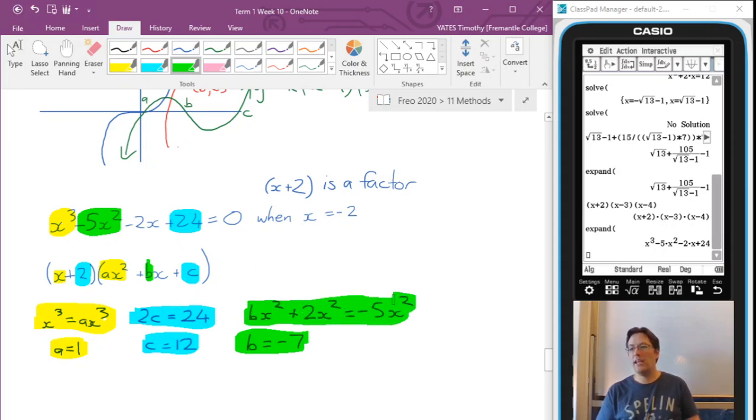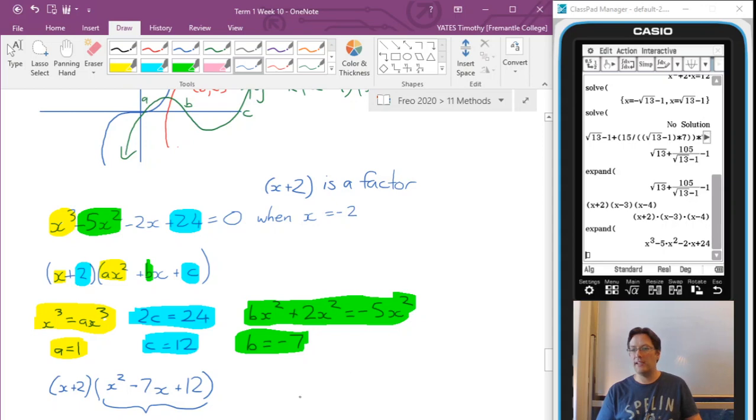So we've worked out what a, b, and c are, and that means our equation turns into (x + 2)(x² - 7x + 12). A is 1, so we do x squared; b is negative 7, so we take 7x; and c is 12, so it's plus 12. Now we need to factorize this. What two numbers add to negative 7 and multiply to 12?